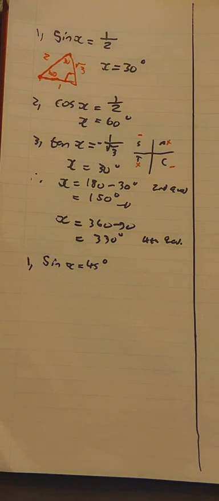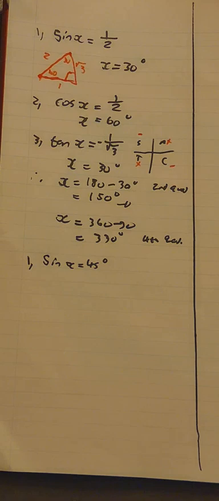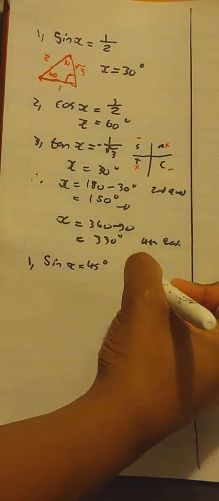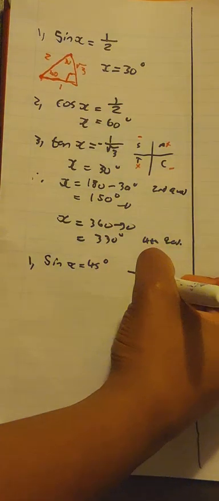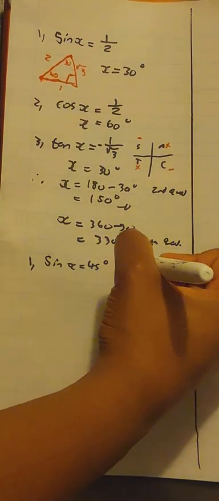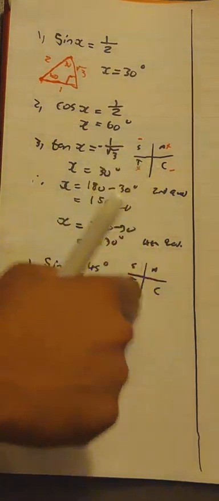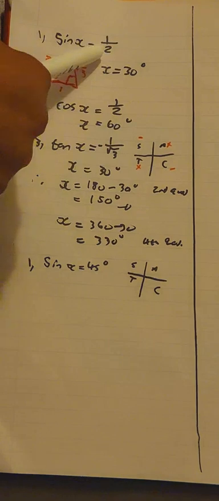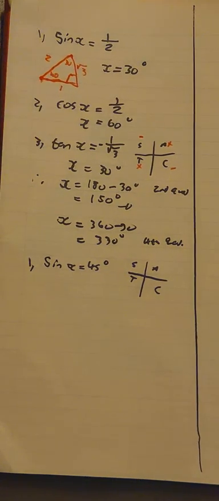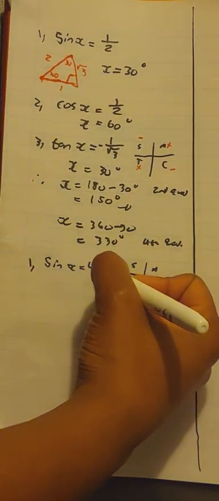Okay, so to solve for this one, here we use the special triangle. That means here, when it's like this, we move from using this to using CAST. Remember, when we are dealing with angles, we are dealing with the CAST diagram. When we are dealing with numbers, we are dealing with special angles. Okay, guys, so it's positive sine at 45.